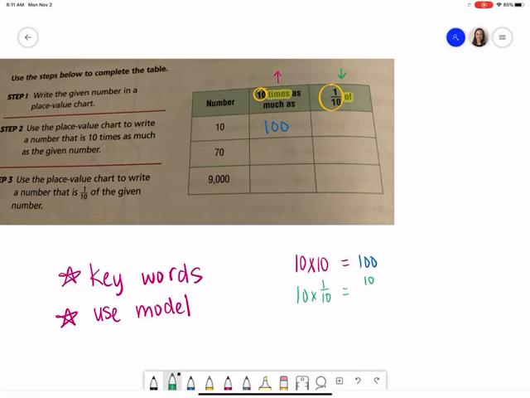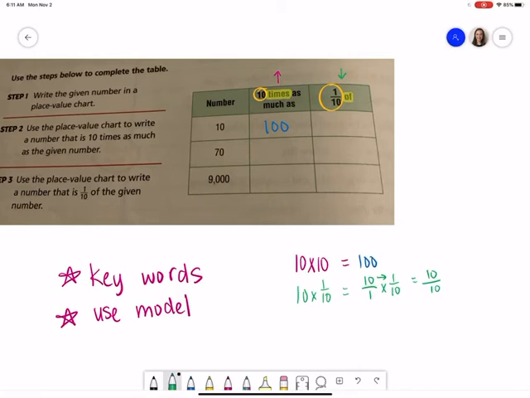We are going to set it up by putting the 10 over 1. Whenever we have a whole number, we need to put it over 1 because it is a full number by itself. Okay, and we're going to multiply it by 1/10. 10 times 1 is 10, and 1 times 10 is 10.